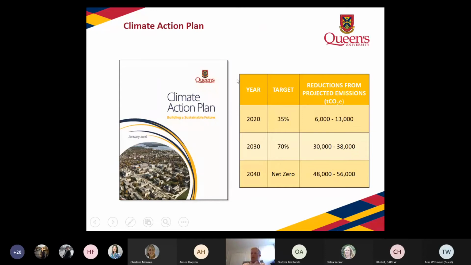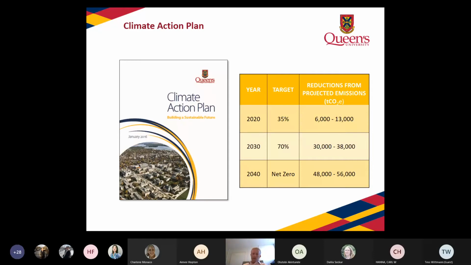So where does that leave Queen's? Well, Queen's took the step back in 2010. We signed on to a Canadian-wide statement of action around making plans and developing a climate action plan. And it took a while, but in 2016 we published our final plan, and this was approved by the board, which was great.